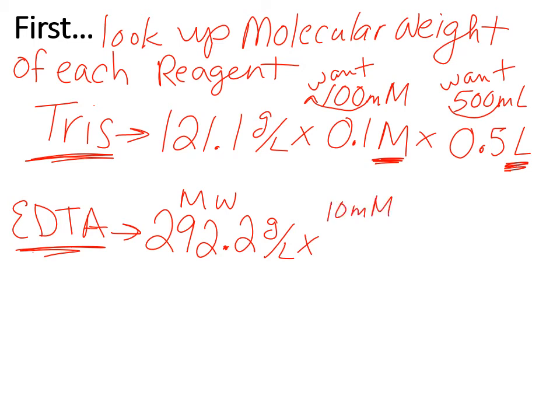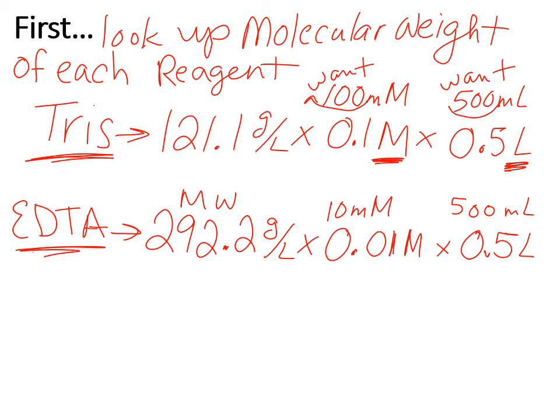Move the decimal 3 places. That tells you you want 0.01 molar. And what do we want? We want 500 ml, which again is 0.5 liters. Okay, 0.5 liters.